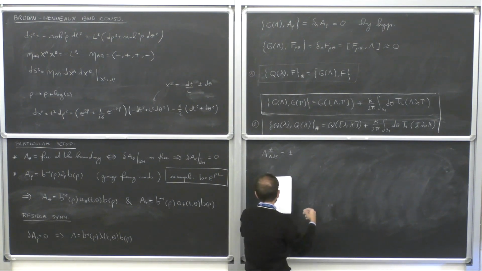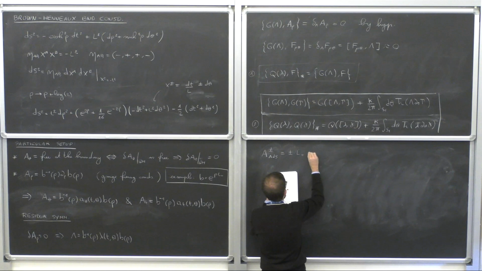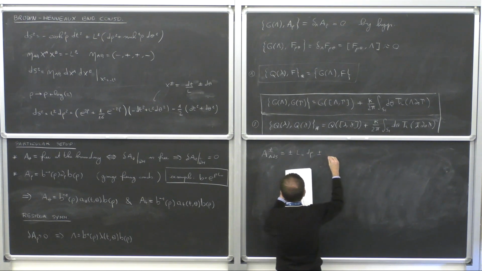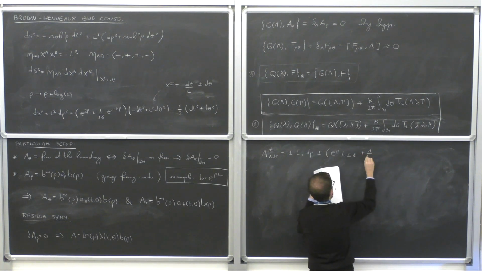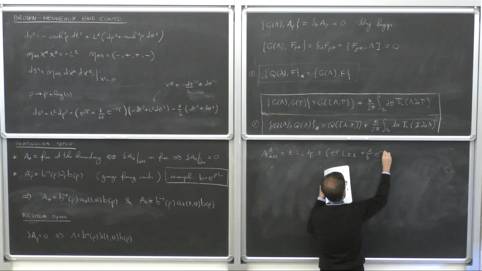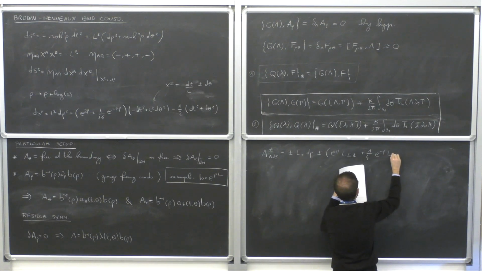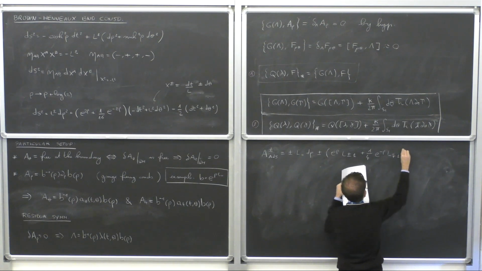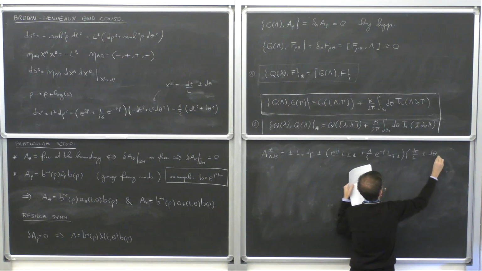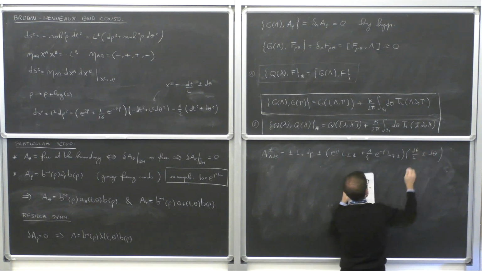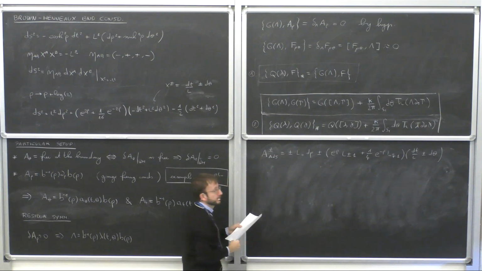And then you have this plus or minus d rho, plus or minus e^{rho} L_{±1} plus 1/4 e^{-rho} L_{∓1}, dt, plus or minus L_0 d theta. Okay, it is what it is.